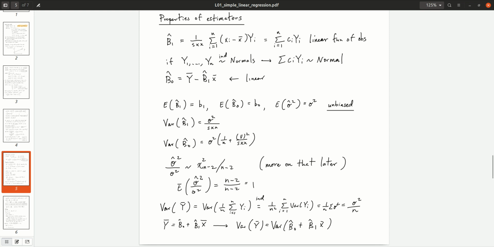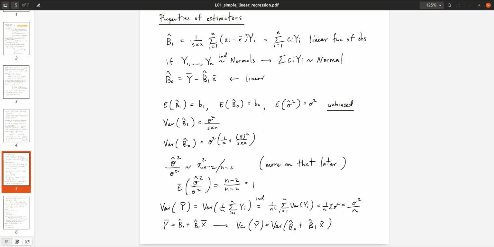Now, we've said what the expected value of B1 hat and B0 hat are. We've said what their variances are. But what we haven't said is how they're related to one another. And it turns out that, while both B1 hat and B0 hat are normal, they're not independent of one another.